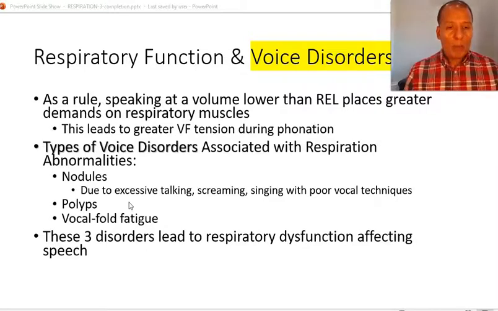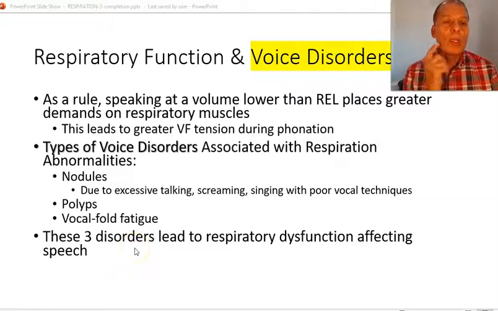In terms of vocal nodules, the disorder itself is behavioral in nature and occurs due to excessive speaking, screaming, yelling, singing with no techniques or no training.